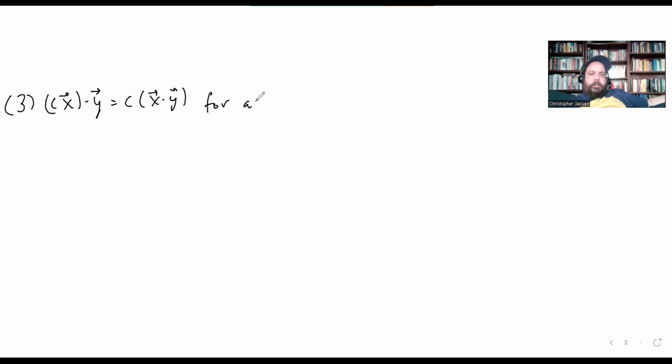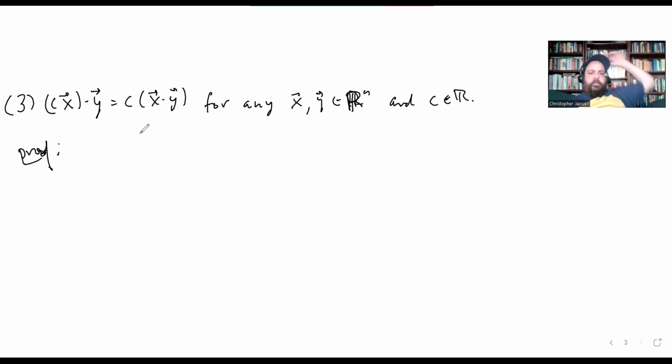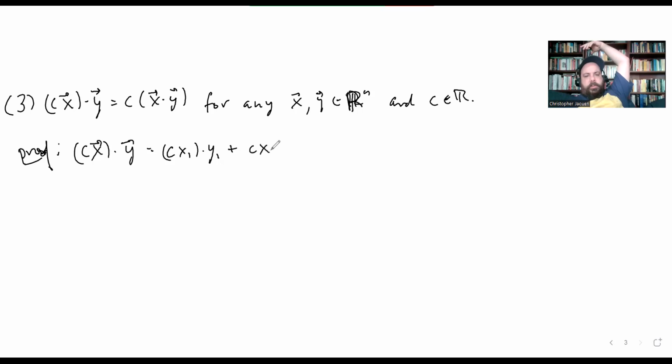Right, for any x, y in R^n and c in R. Right, so proof: cx dot y is equal to cx1 times y1 plus cx2 times y2 plus dot dot dot up to cxn times yn.